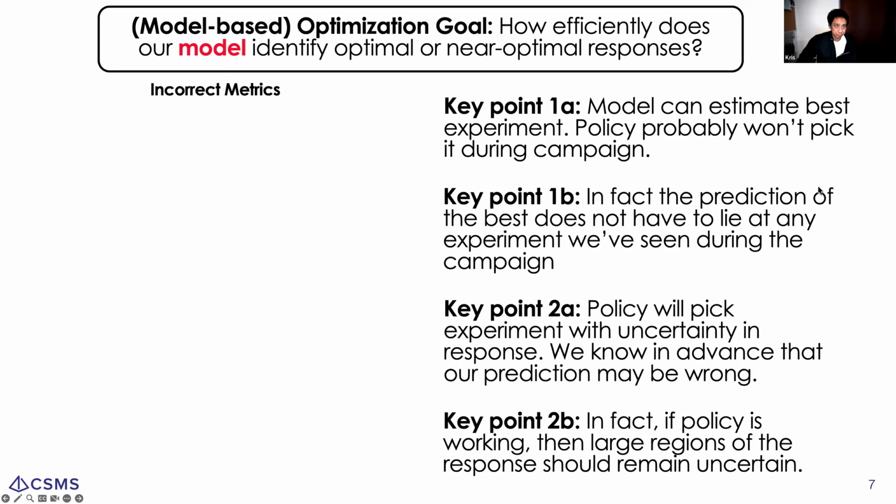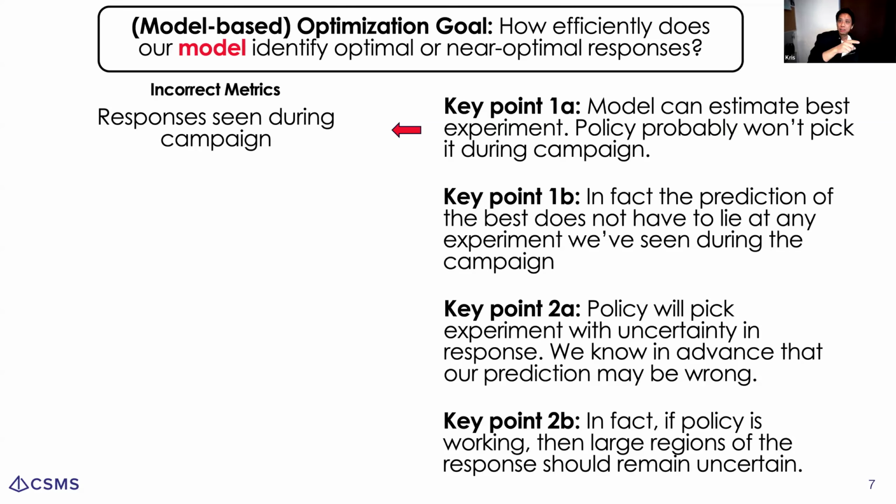So what does that mean? That means an incorrect metric is this plot of the responses that you see during the campaign as a function of number of experiments. I showed an example of that plot in the beginning. Just the responses seen during the campaign. And this plot is all over the place. It's unfortunate because I think people are trying to make this plot look like it's converging.